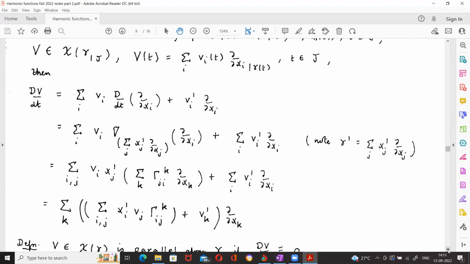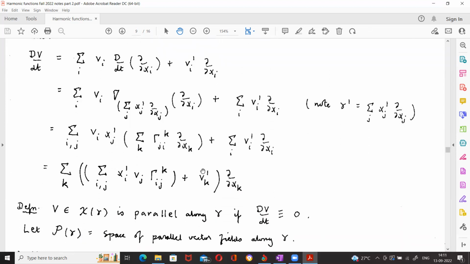DV/dt was equal to the usual derivative, where you just differentiate each component of V. So you differentiate each V^k, you take V^k prime, plus a term which depended on the Christoffel symbols. Okay. So we got this expression for the covariant derivative.